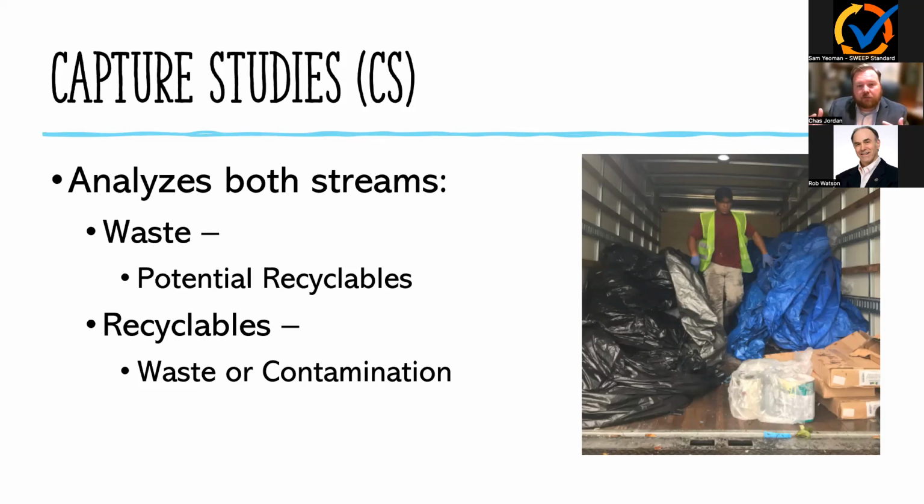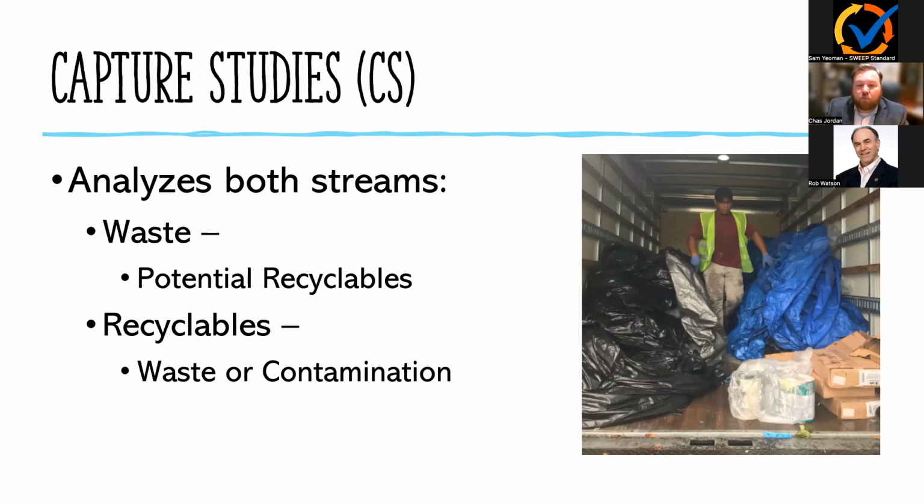So that capture study then uses the same data that we've typically done very straight line for characterization or composition over a group overall, but this actually reviews them against one another to say, okay, what are the materials that people still don't know they should recycle or should divert in a different way? And what materials are they thinking they can recycle and they shouldn't be?